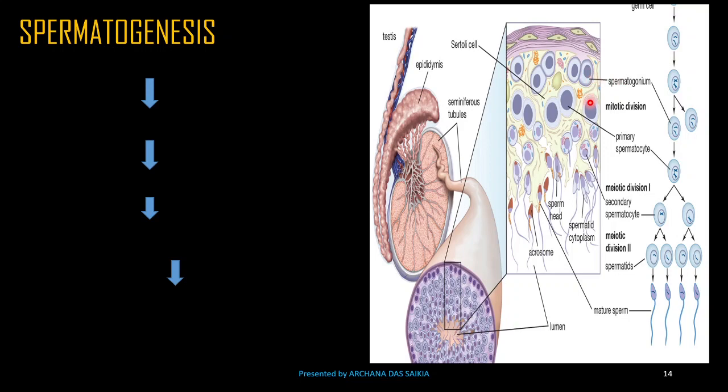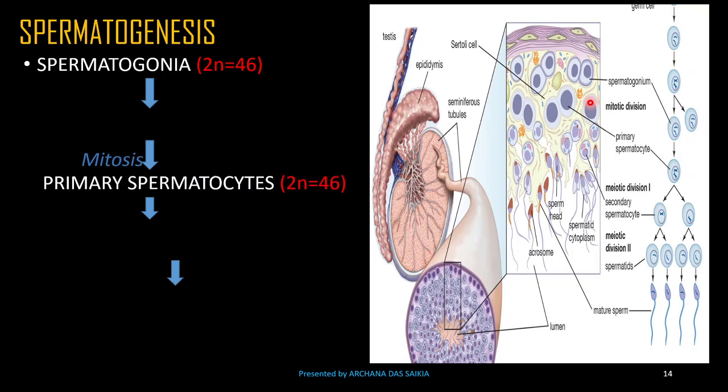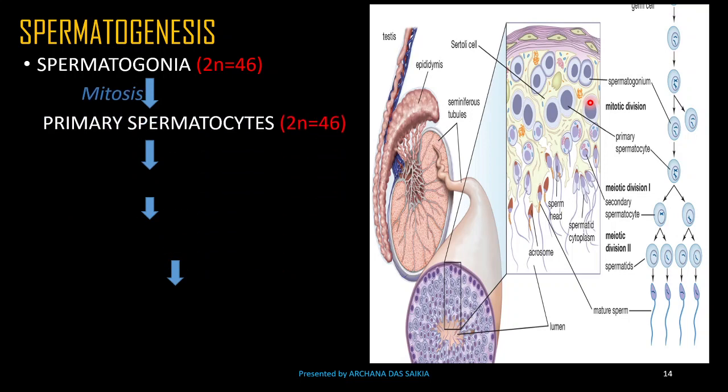They undergo mitotic divisions, just to increase the number, and the new cells are called primary spermatocytes. Still, the chromosome number is 46.